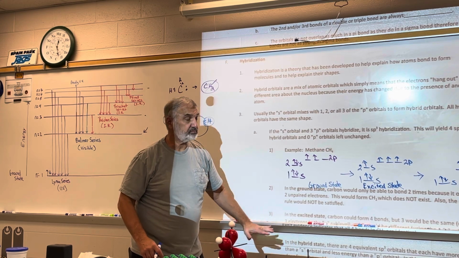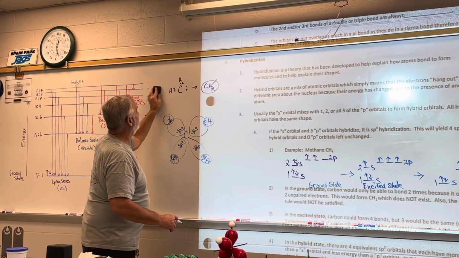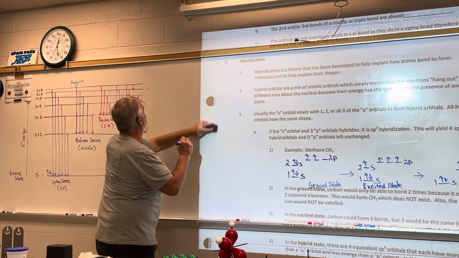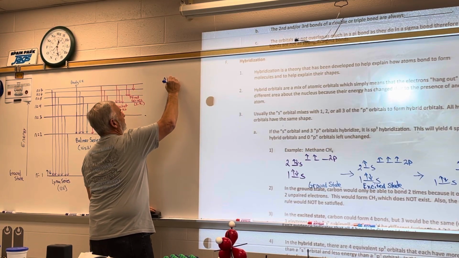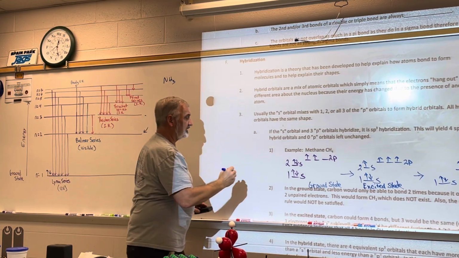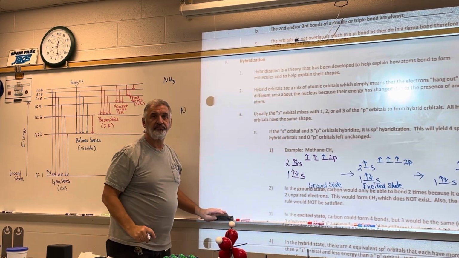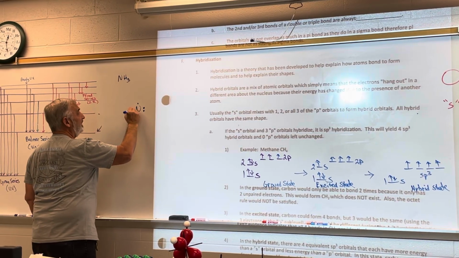Now, what if, instead of being CH4, it's ammonia, NH3? Well, nitrogen is going to look like this. If I did its Lewis dot structure, I'd have dots here, here, here, and here.